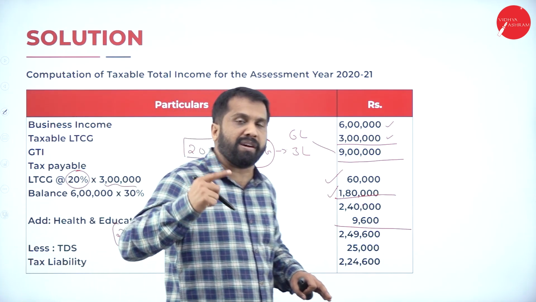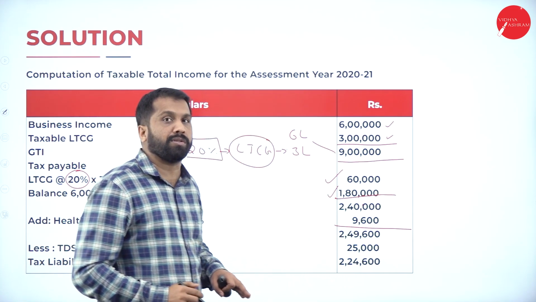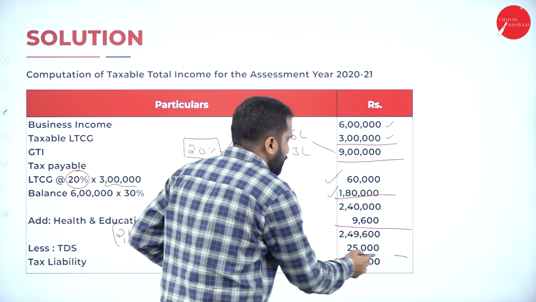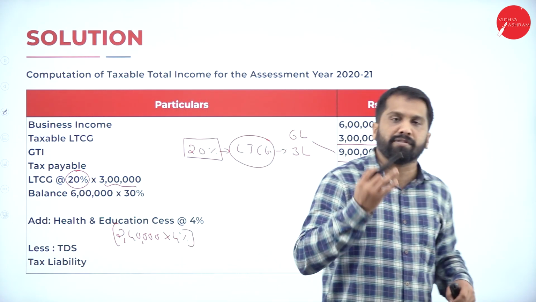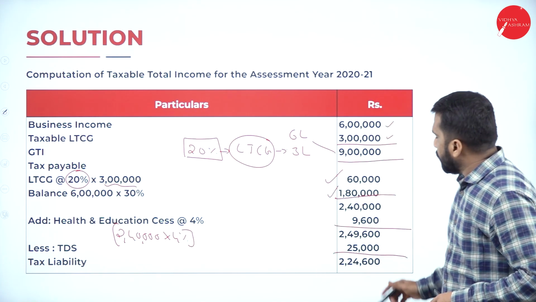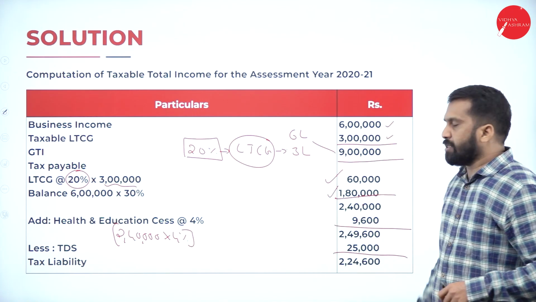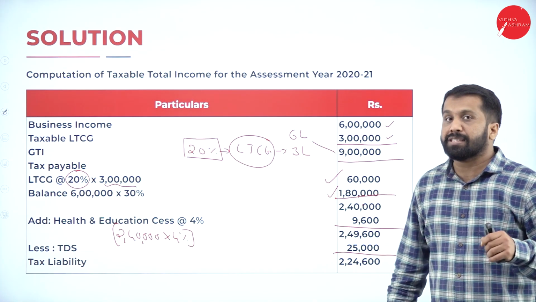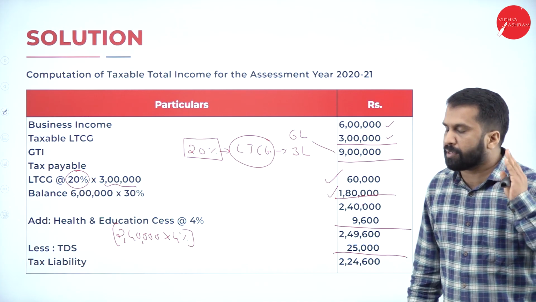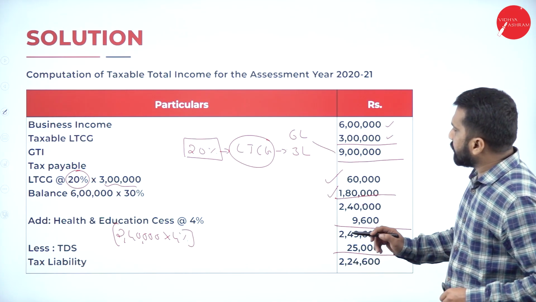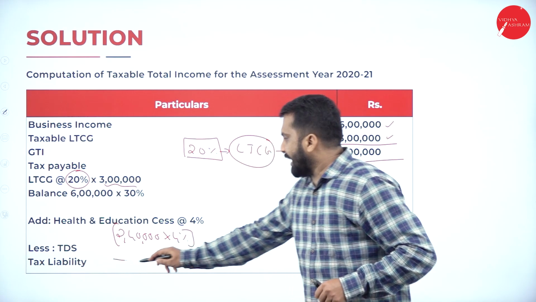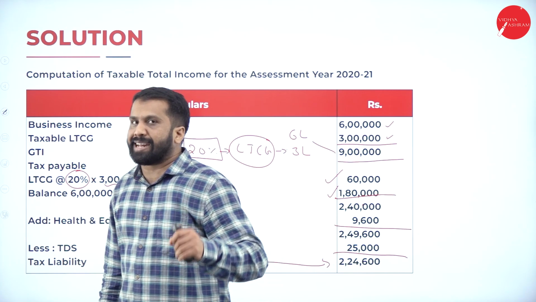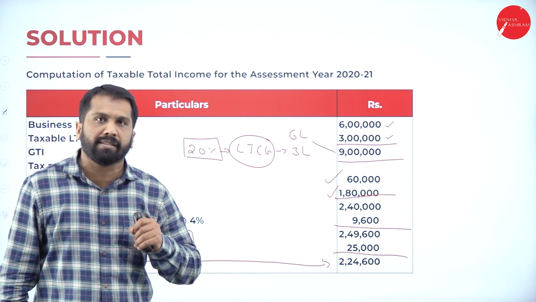Already you paid 25,000. Then what you are supposed to do? 2,49,600 minus 25,000. Your answer is 2,24,600. Hope you are clear. Good. So 2,24,600 you got. That will be your tax liability. Hope you got it.